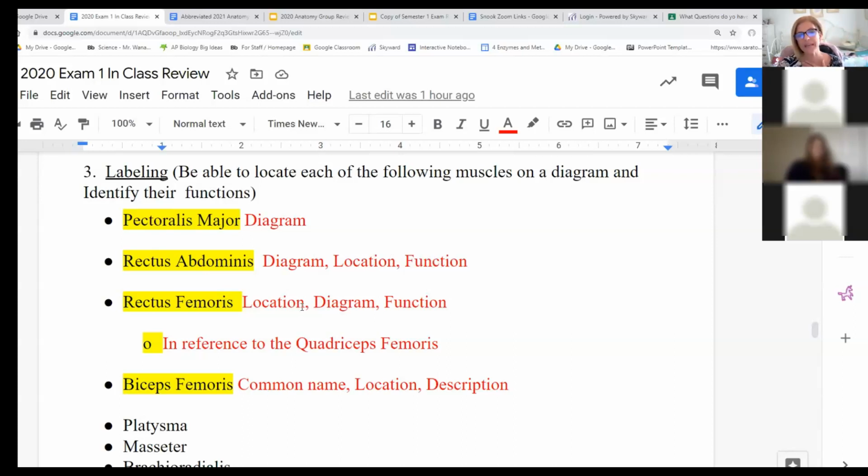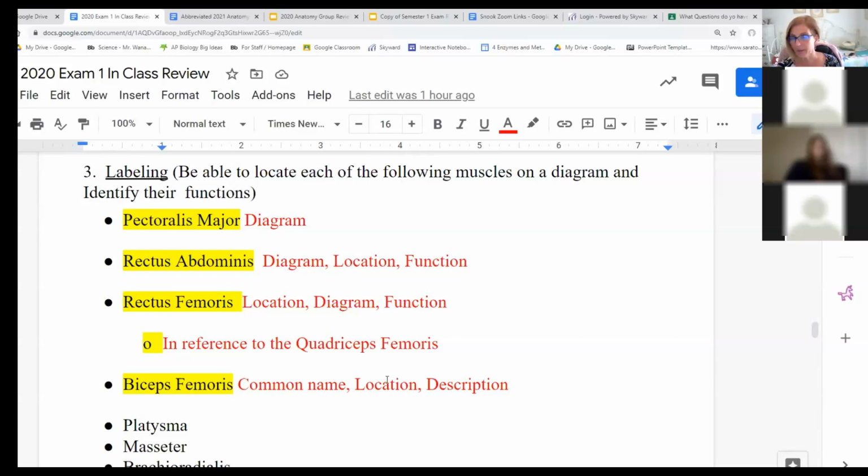Rectus femoris would be on the anterior surface of the thigh, and I'll reference it as the quadriceps in the multiple choice question. Function would be to extend the lower leg with great force. Biceps femoris, also know its common name is the hamstring. It's located on the posterior of the thigh. That might be its description as well.